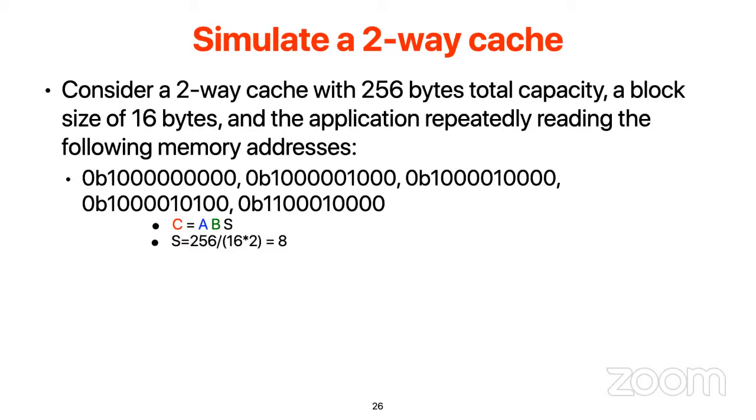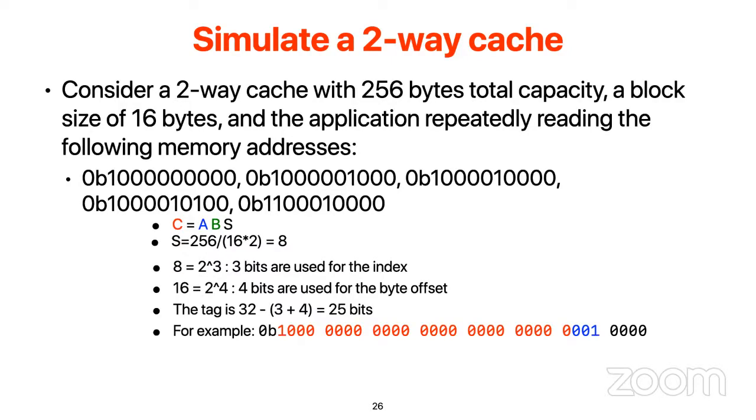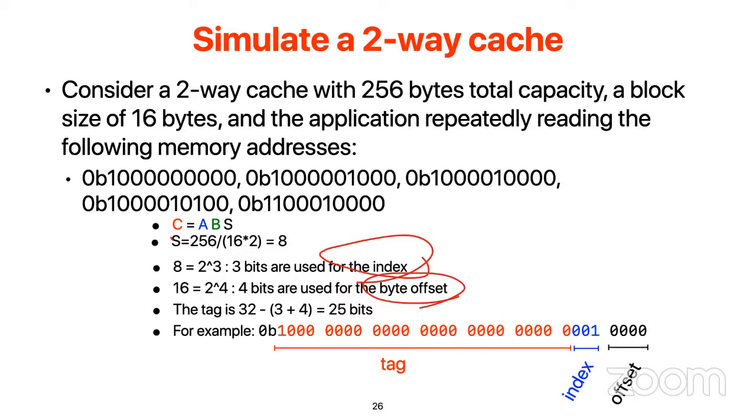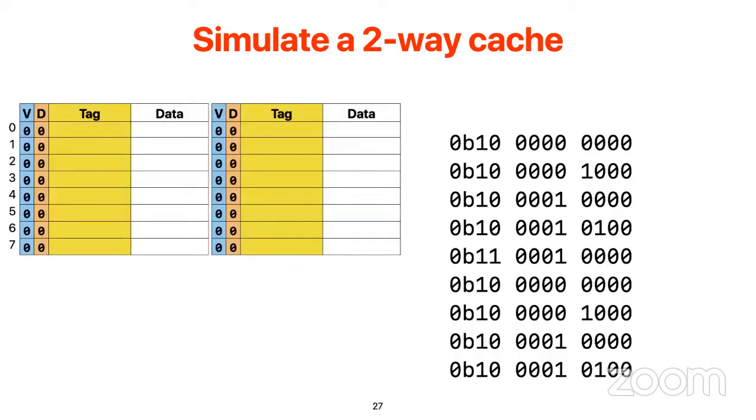Here I give you an example where, if you use C equal to ABS, you will know that it has 3 bits for index and 4 bits for byte offset. When you want to solve this kind of cache simulation problem, the very first thing you have to do is list at least part of the sequence of memory addresses, and then use C equal to ABS to partition the address into tag, index, and offset.